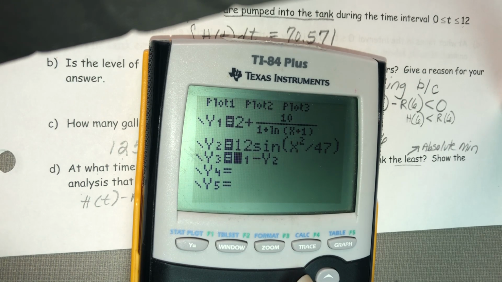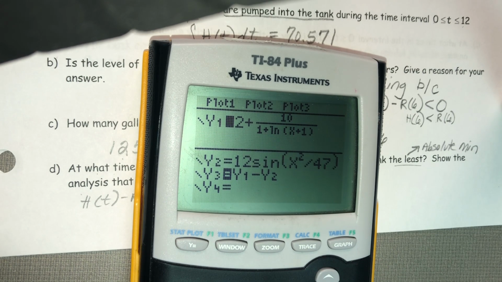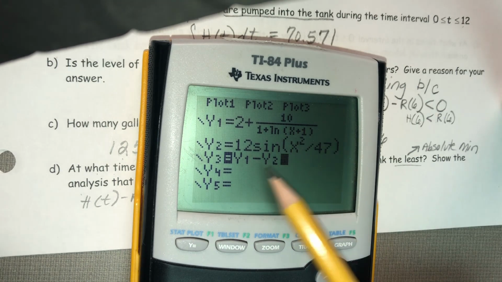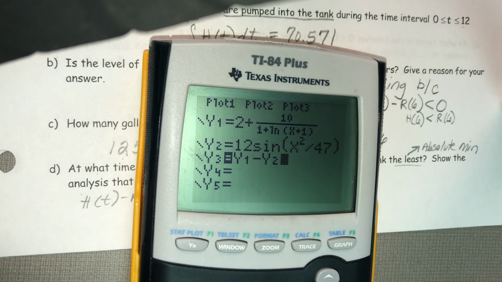And I'm going to turn these other two off. If you go on the equal sign and press enter, it unhighlights it so that won't show on your graph. And you can then go back and click it back on at any time. It's still in there, so I'm still pulling the y1 into this one and the y2 into this one when you do it this way. It's just only going to show the one that's bold on the graph.